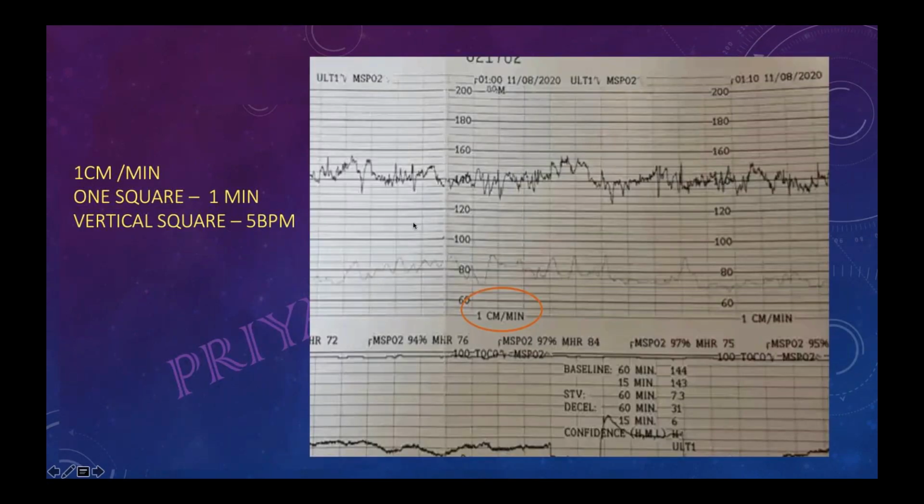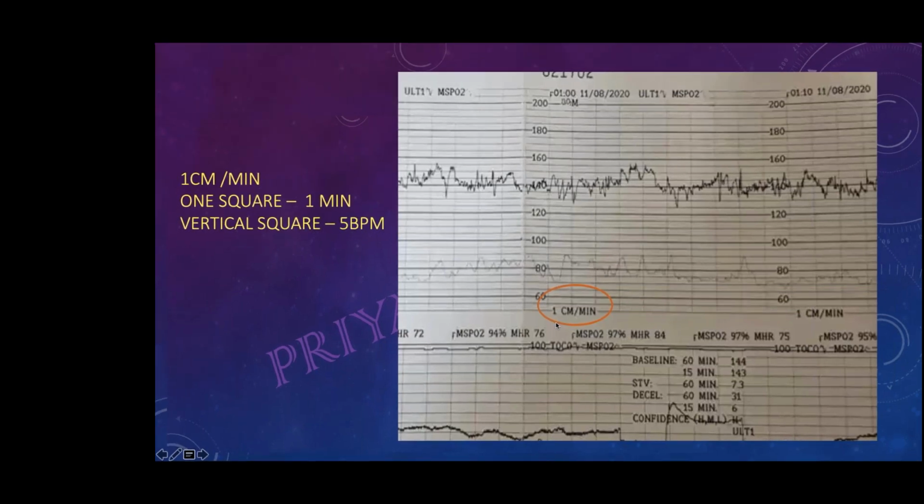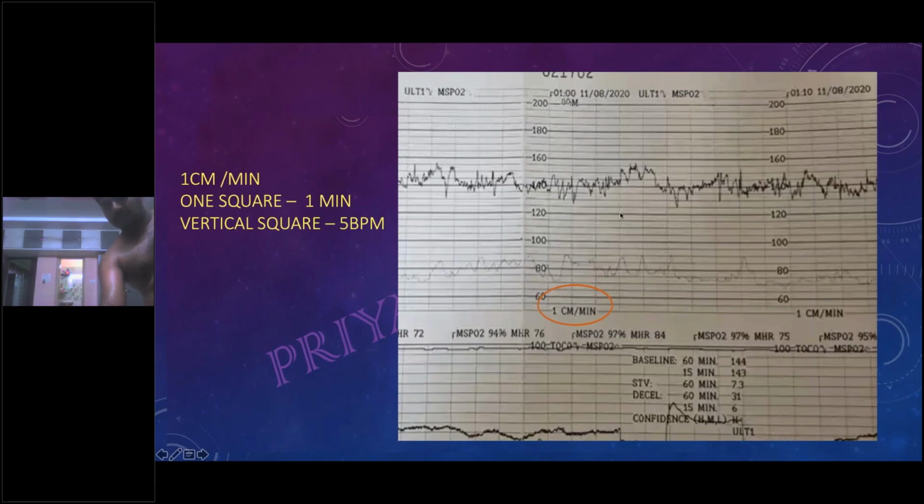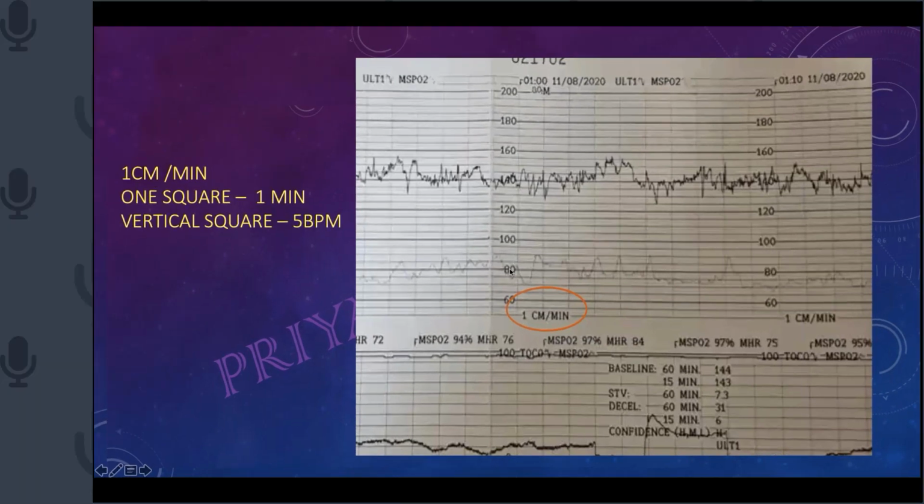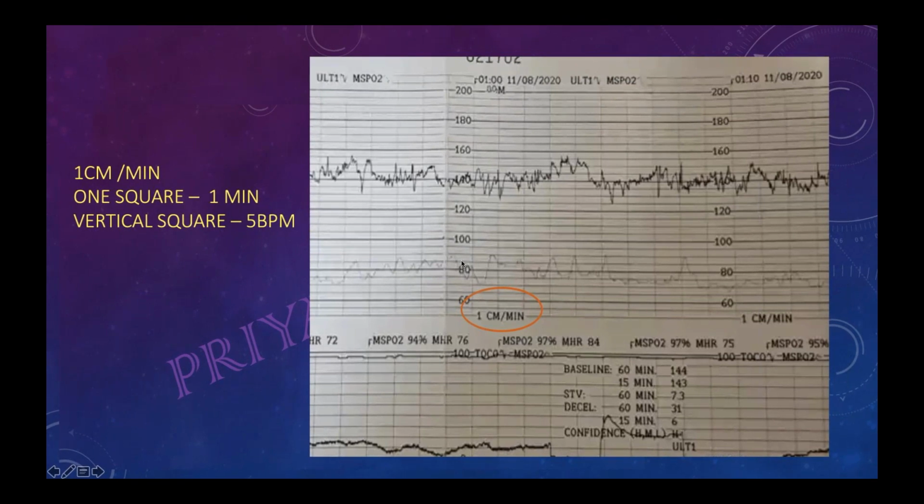Now this is a trace from a UK hospital. I have put it here to show you this, because in the exam you will be getting a trace like this from the UK. Here it is 80, then 85, 90, 95, 100.